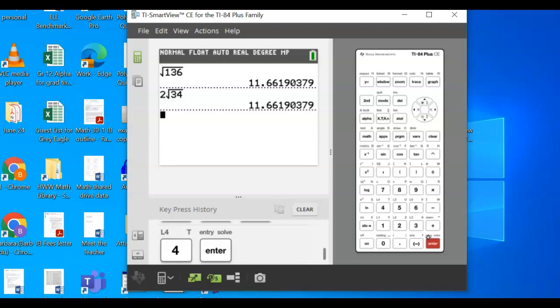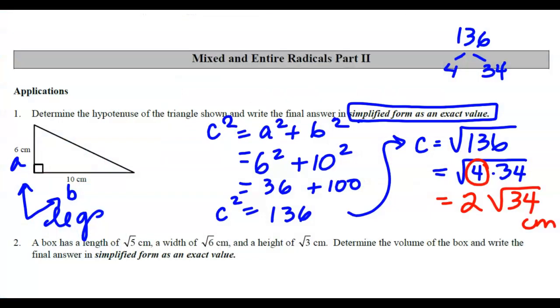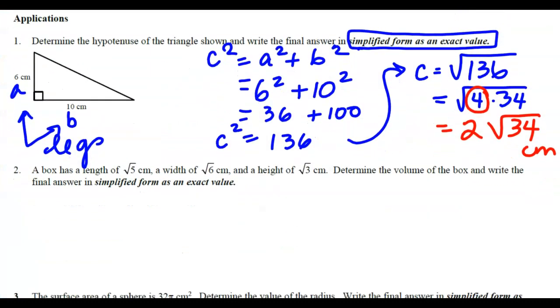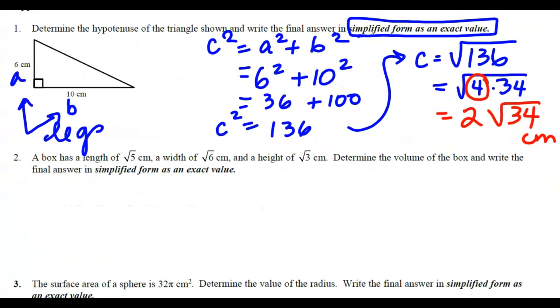I'm not going to write that down, but I know that I haven't messed up. Okay, I've simplified it, still the same number. Doesn't necessarily mean you simplified it fully, but in this case we did, because 34 you can't do anything more with. Okay, so that's a really common application, the Pythagorean theorem.